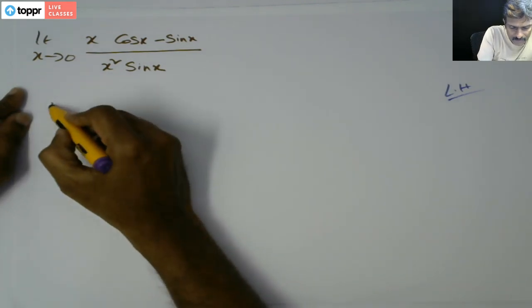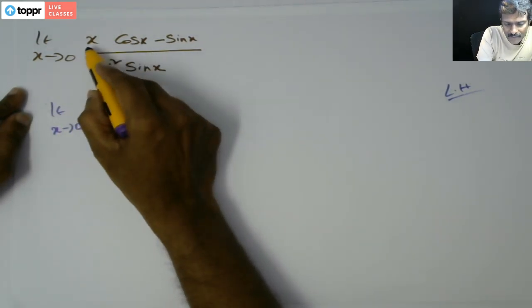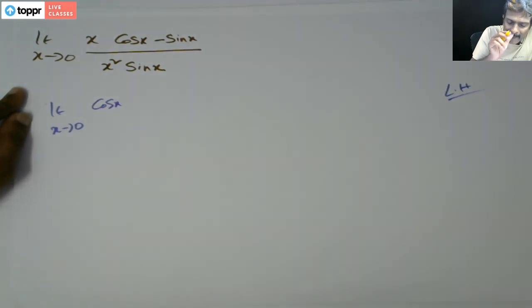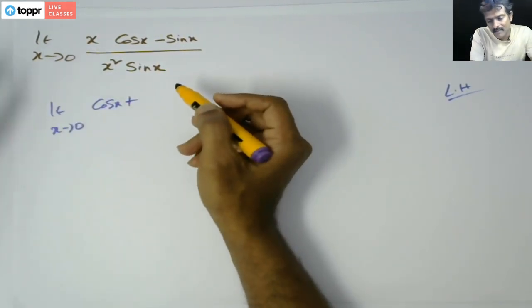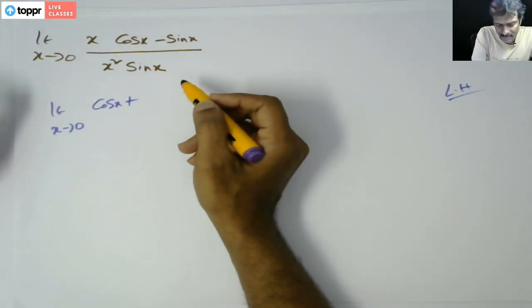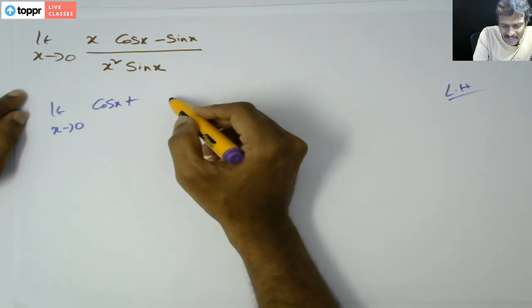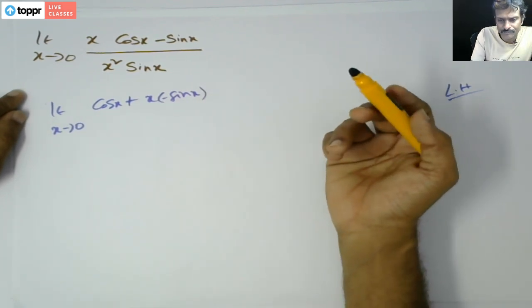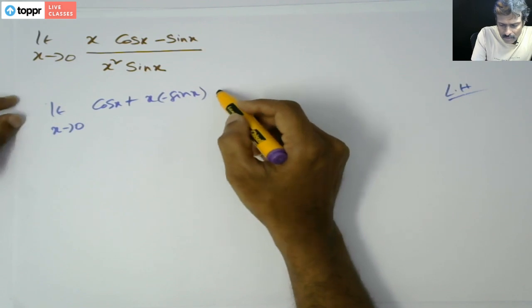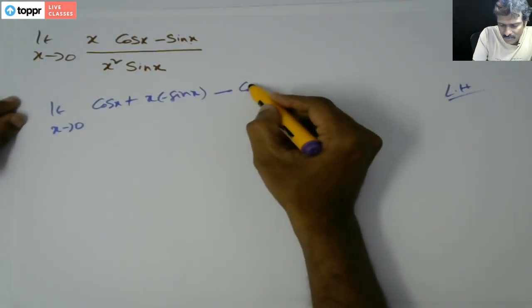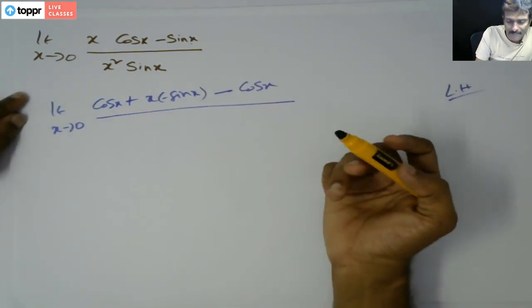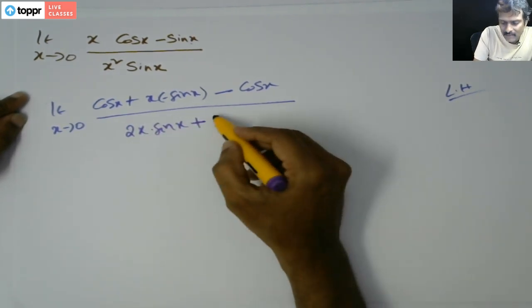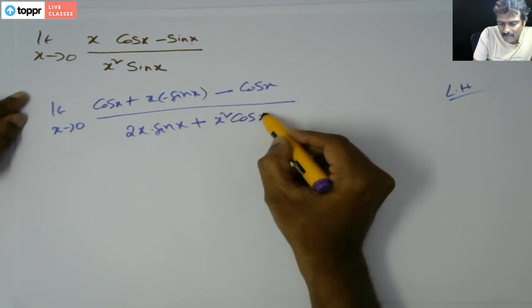So let us differentiate this, guys. Limit x tends to 0. If I differentiate this with the UV rule, the differentiation of x is 1, so cos x, plus, leaving x and differentiating cos x, the differentiation of cos x is minus sin x, so x times minus sin x, and minus, the denominator: differentiation gives 2x times sin x plus x square cos x.